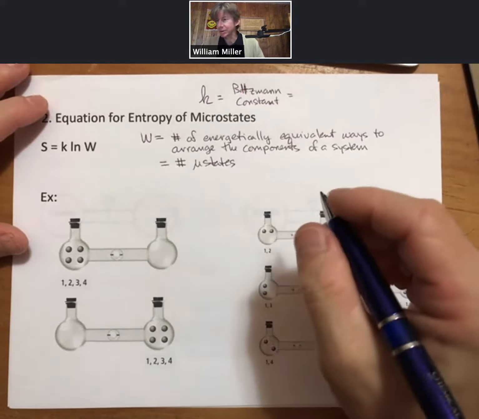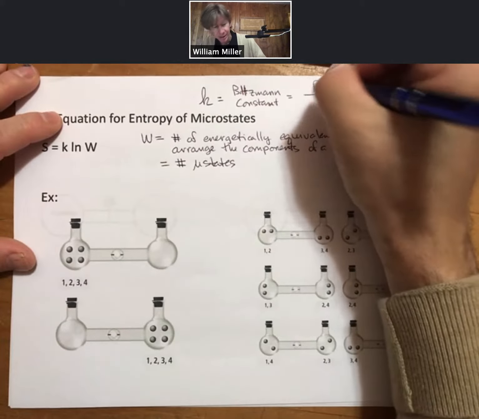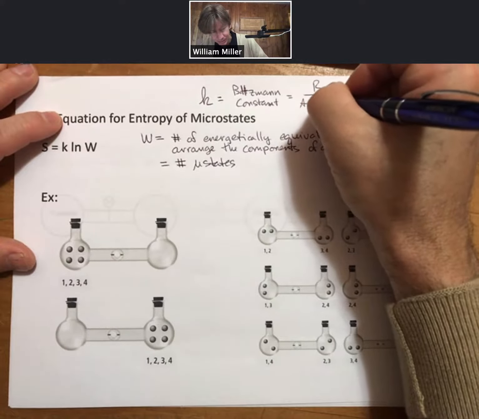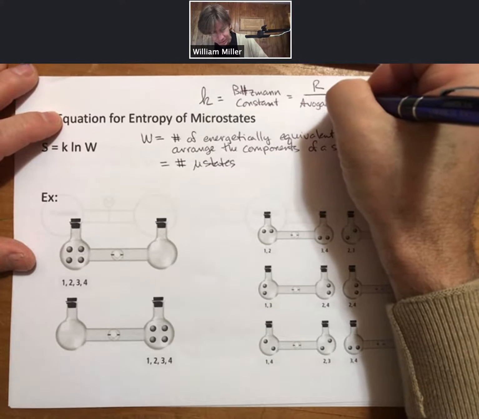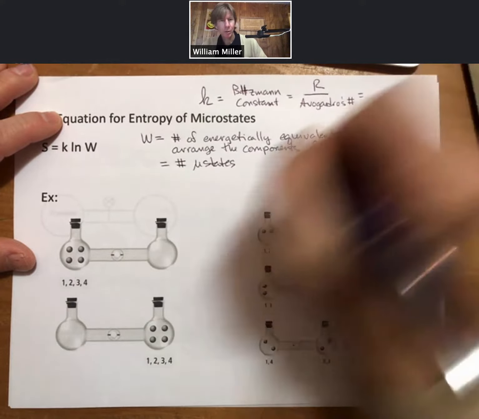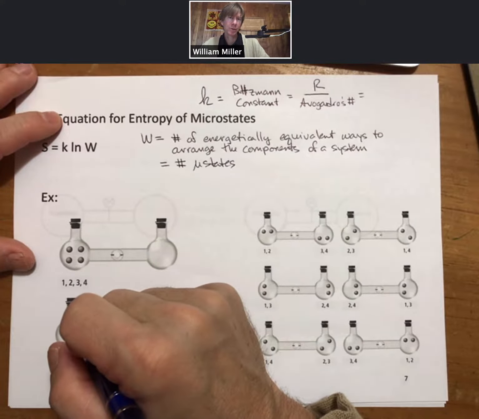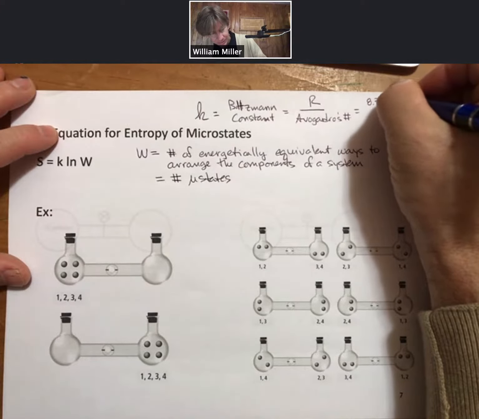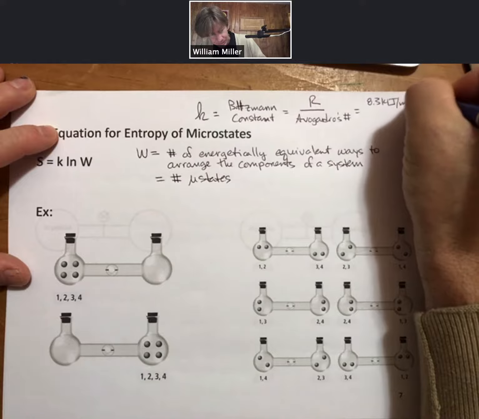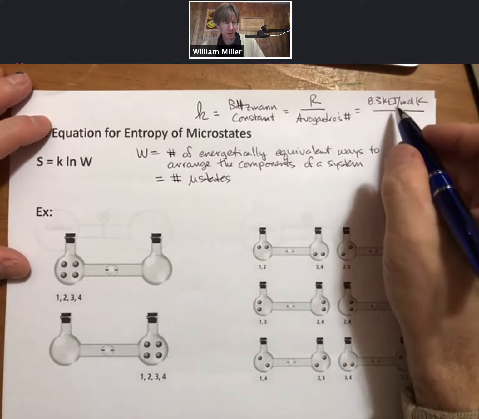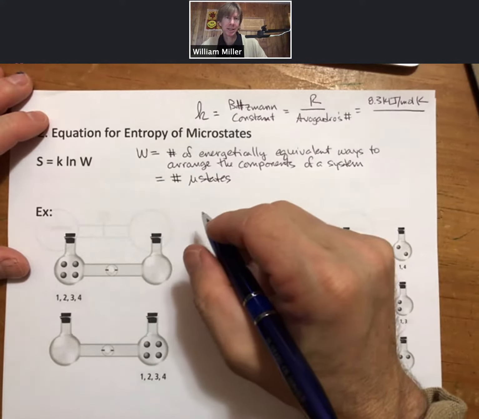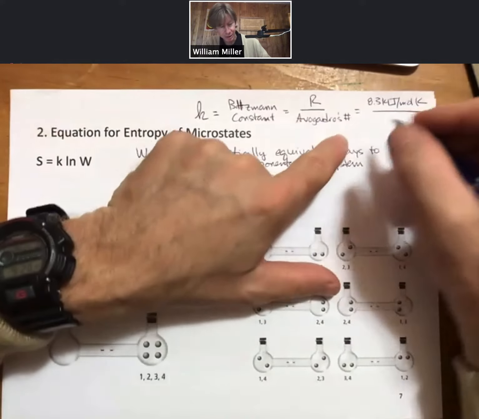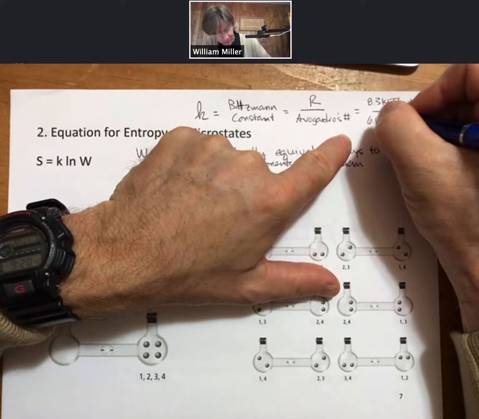It is equal to R divided by Avogadro's number, where R is 8.314 joules per mole Kelvin. And you'll notice that joules per mole Kelvin is the unit that we typically see for entropy.